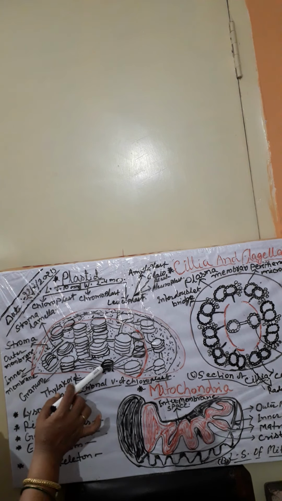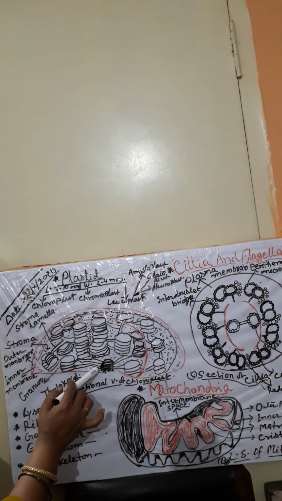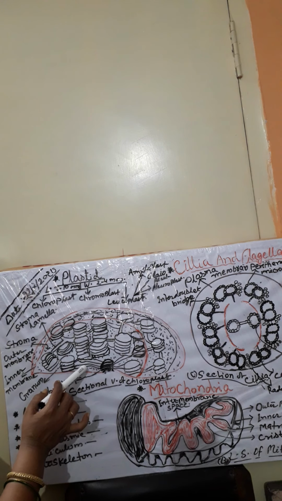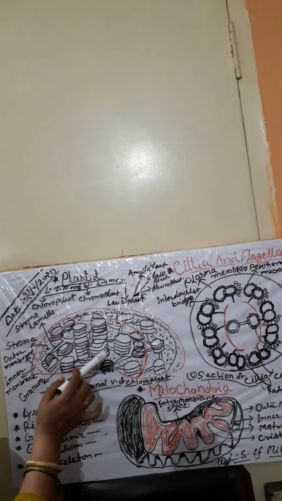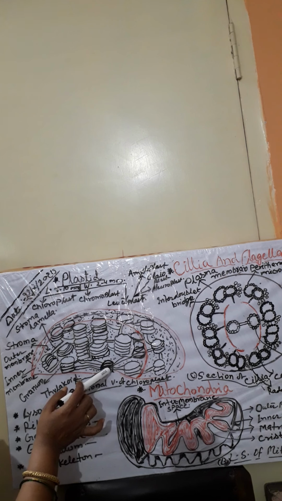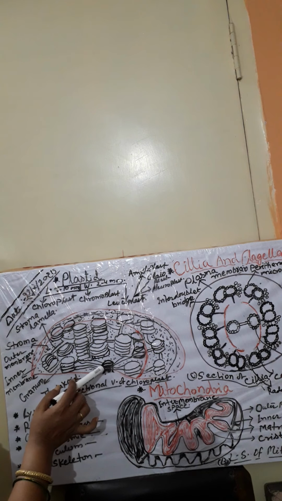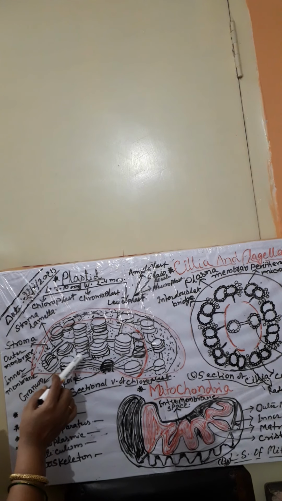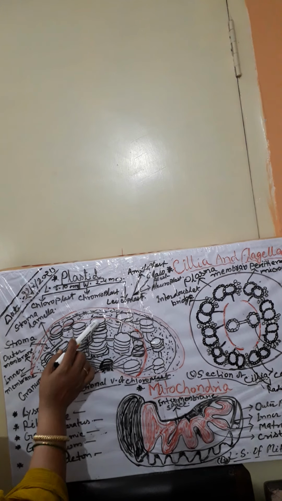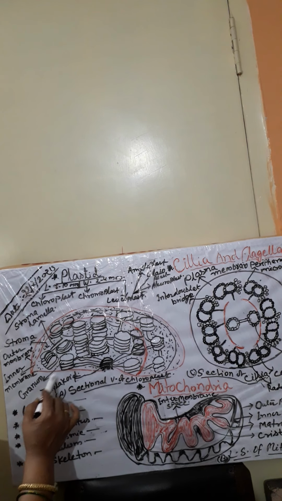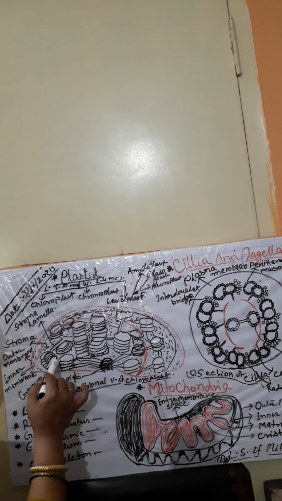Thylakoids are arranged in stacks like piles of coins called grana. This is known as grana, arranged in coin-like structures.